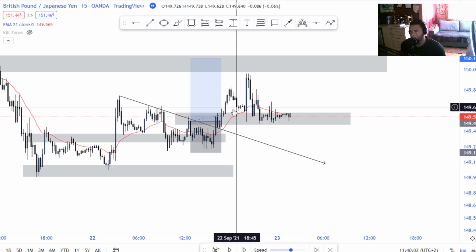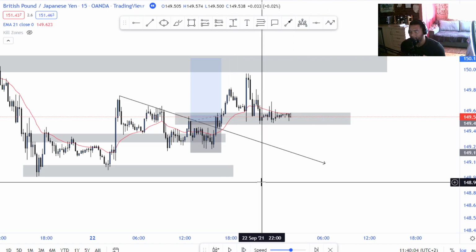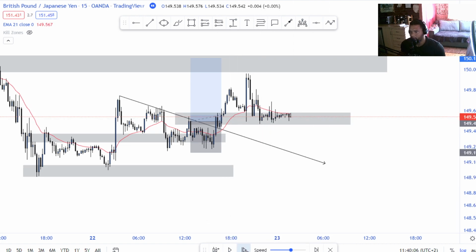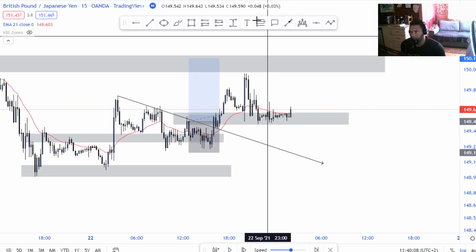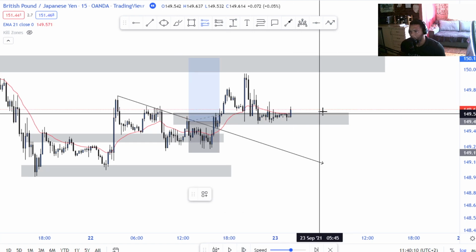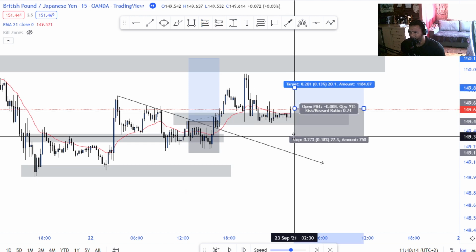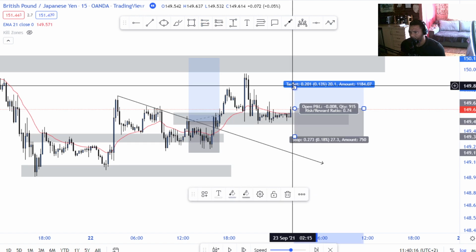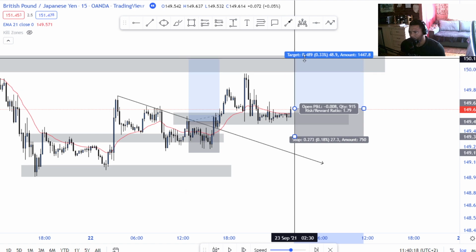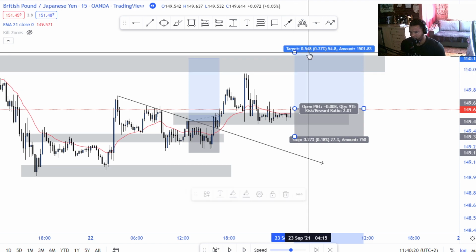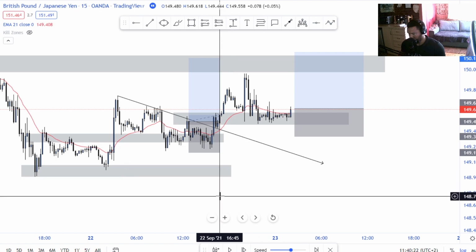You see how this 21 EMA is acting as a level of resistance right now. That's the only candle that's closing above it. So I will take an entry position right there. Keep my stop just under here, not too far, and my 1 to 2 just right there. Let's see how it goes.